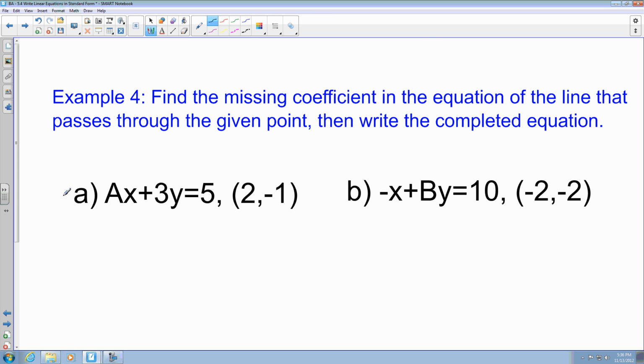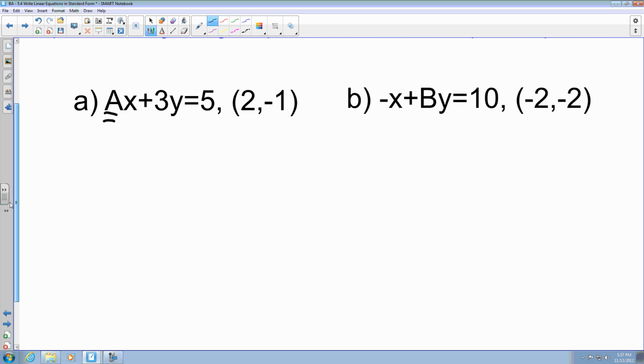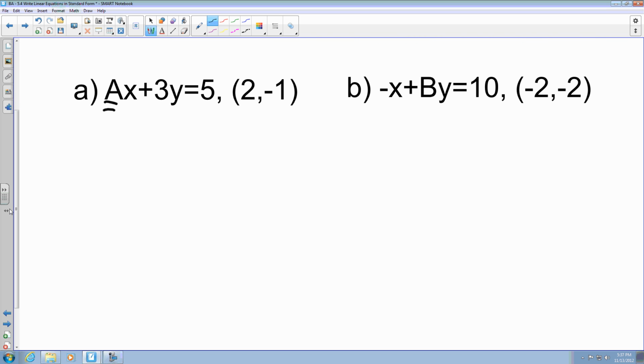Last thing is we want to find the missing coefficient in the equation of the line that passes through the given point. Then I want to write the complete equation. So for A, I have ax plus 3y equals 5. The missing coefficient here is A, and they give us coordinates 2, -1.